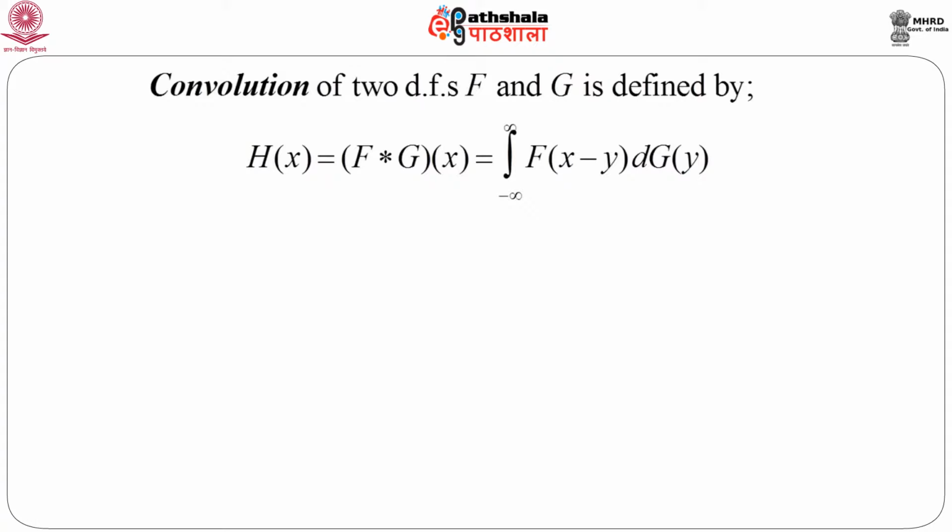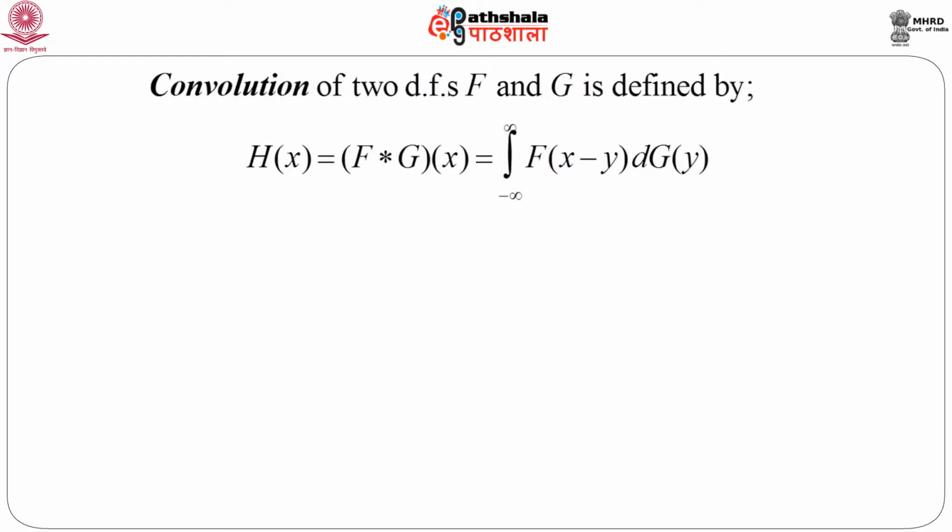That means we tried to develop a characteristic function corresponding to the sum of two independent random variables, or the sum of two independent symmetric random variables, and we saw that the sum is also symmetric. Now, in continuation to that, let me define what is known as convolution.